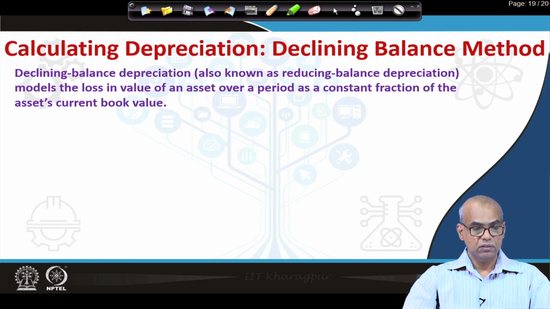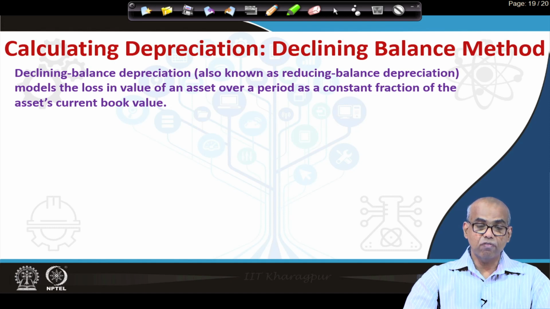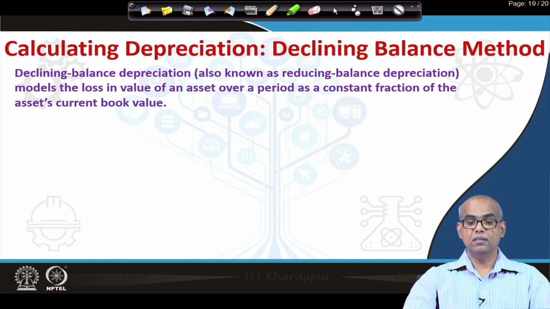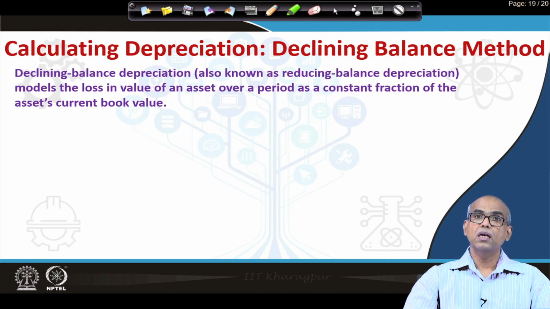The declining balance method models the loss in value of an asset over a period as a constant fraction of the asset's current book value. So, the depreciation will be a constant fraction of the current book value of the asset.